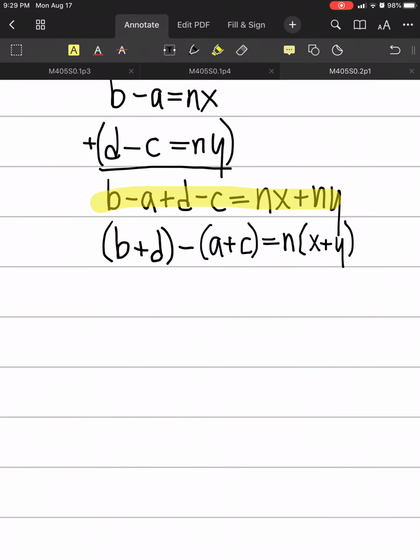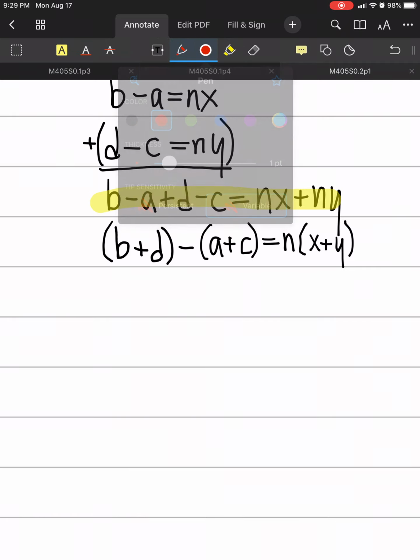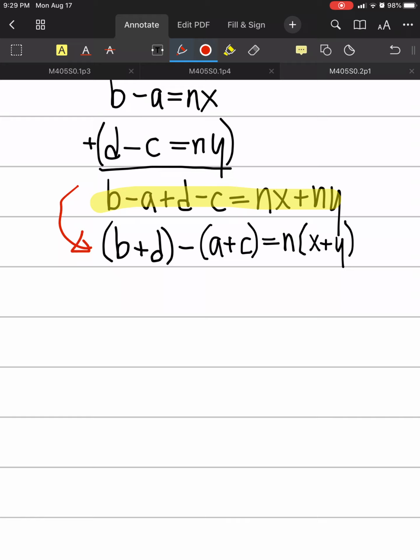So here we've just rearranged the line above. We rearranged this line to get the new line, just put the B and the D together, the A and the C together, and factored the N out of the right-hand side. So that's all there is to that.